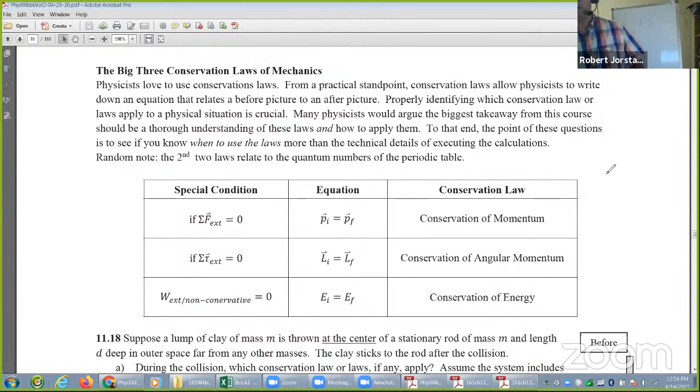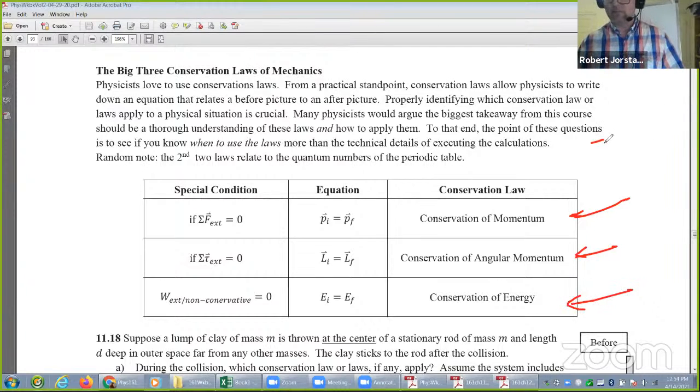and I was alluding to this when we were discussing the final exam. We have conservation of momentum, conservation of angular momentum, conservation of energy, and I guess you could argue we have a couple of other things. We have sum of forces. We know how to do sum of torques. Let me just write this all in so you've got it in one spot.